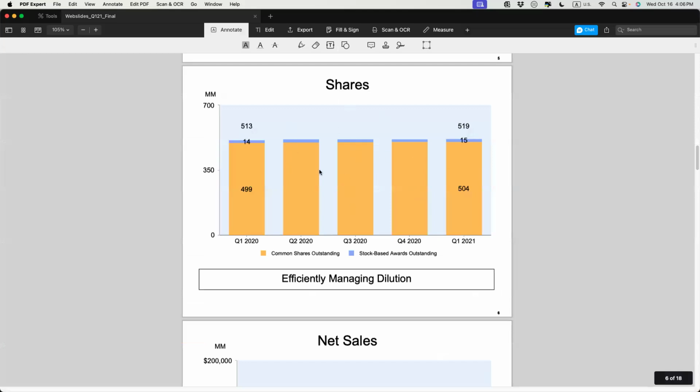This is the slide they give you for that Q1 presentation. You do see that for Q1, the basic shares are 504, and there are an additional 15 million options and stock-based awards outstanding expected to be converted to common stock. So the diluted share count is 519. Okay, so this is where we get that additional 15.